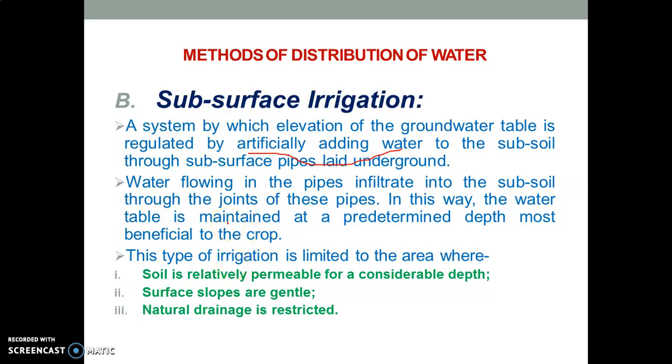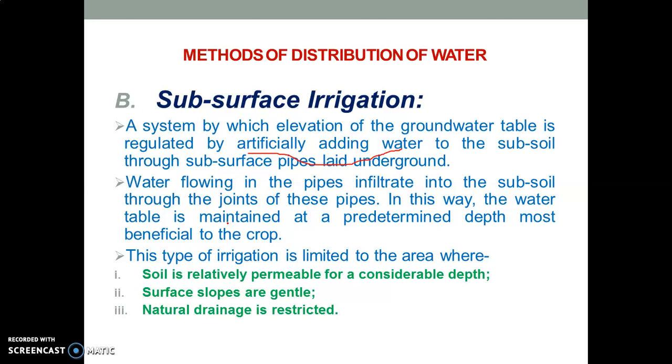Now, one of the advantages of this method is that as we are applying water directly to the root zone, the water does not come in contact with the surface and hence there is no loss due to the evaporation of water due to the sun's heat.